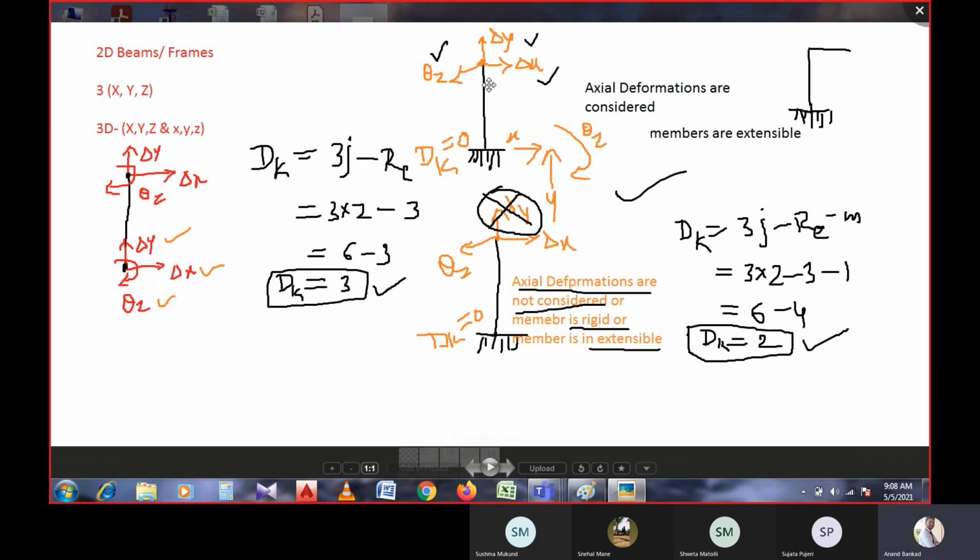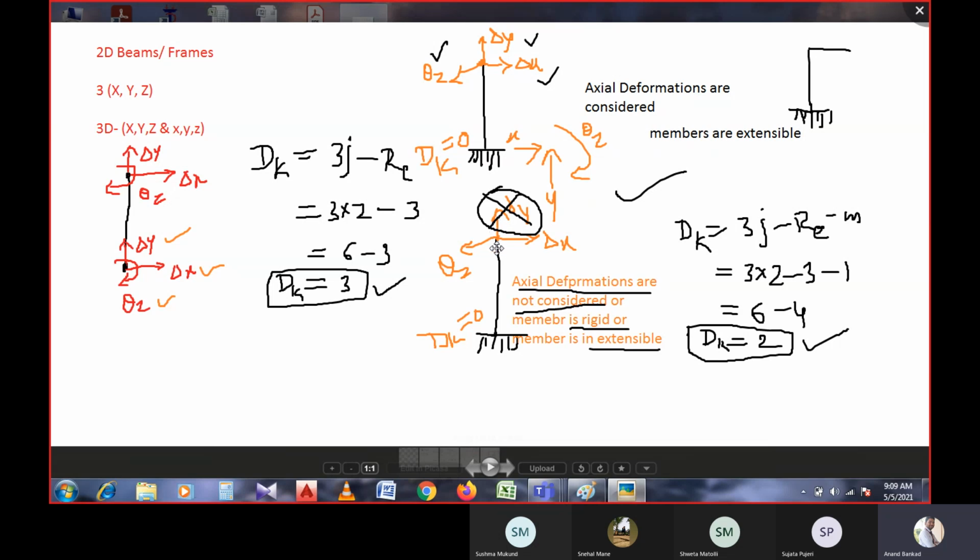In the same case, if you consider the same beam when the axial deformations are not considered, or the member is rigid, which is inextensible, that means it cannot have a change in its length, that is nothing but the axial deformations are not considered. In this case the delta y value will be 0. Then the degree of freedom in y direction is restricted.